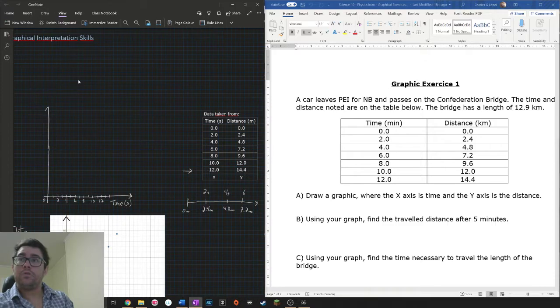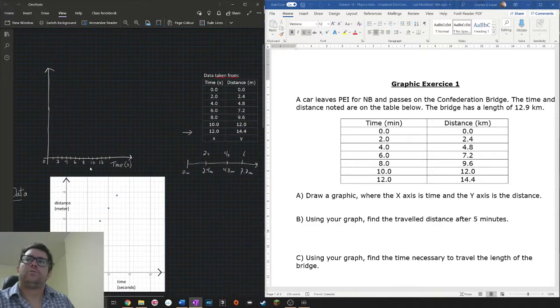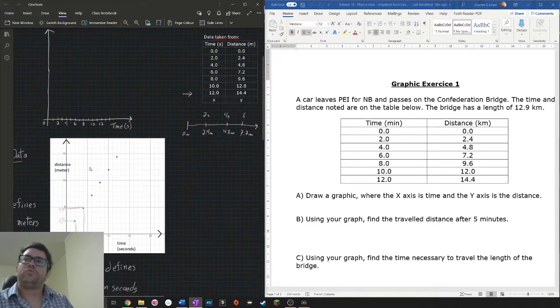That should do. So I have at least 14 squares. If you don't have 14 squares, then you want to do 2 per square. We should have 14 squares.